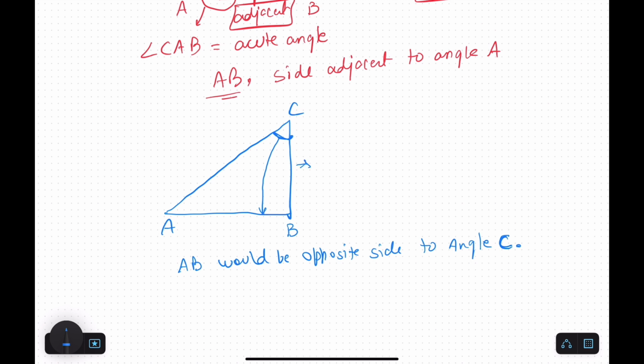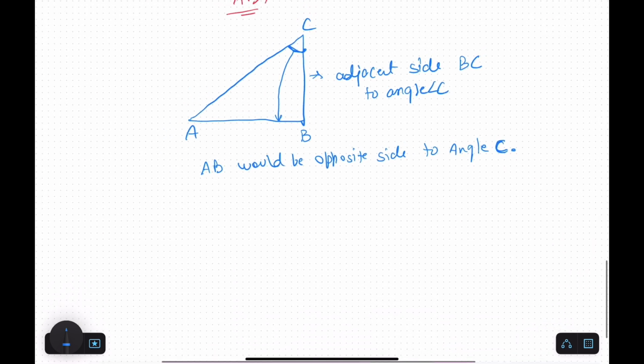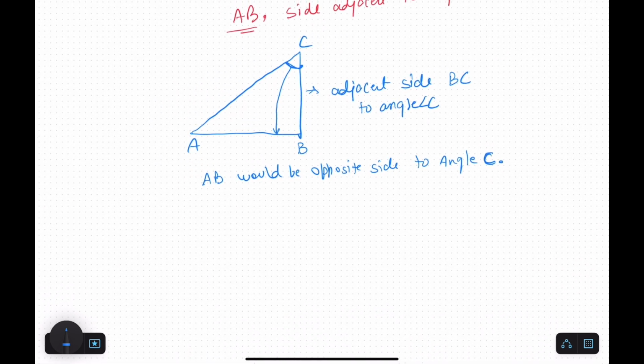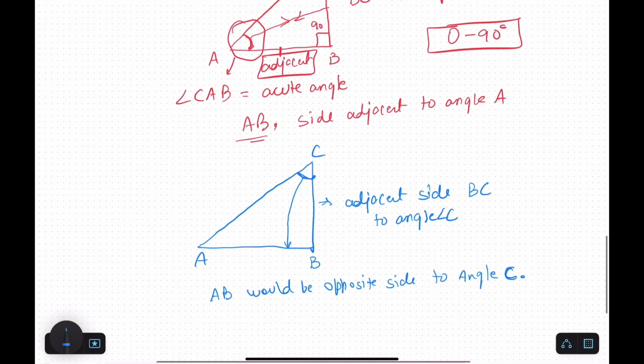Adjacent side would be BC, adjacent to angle C. And what would be AC?